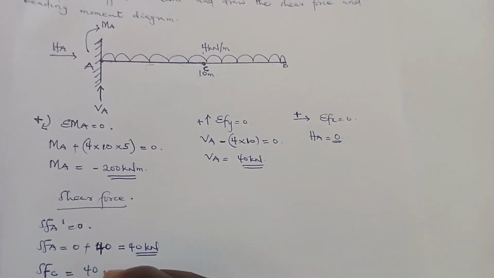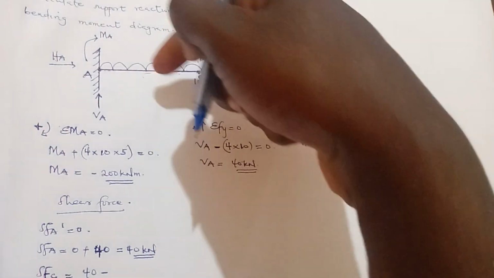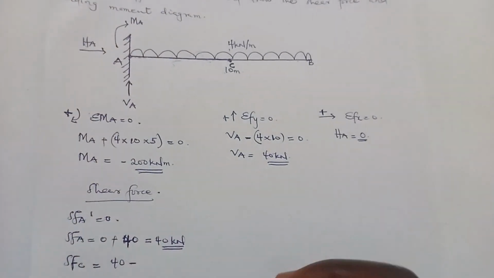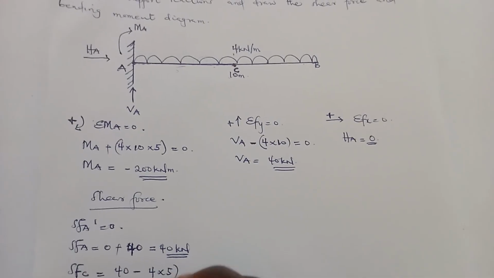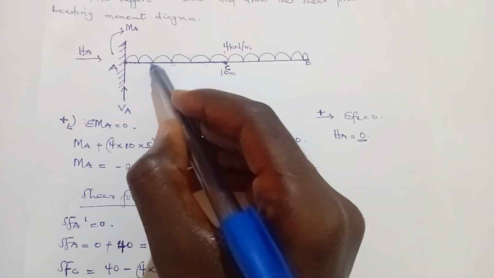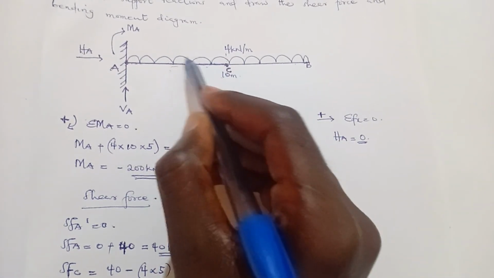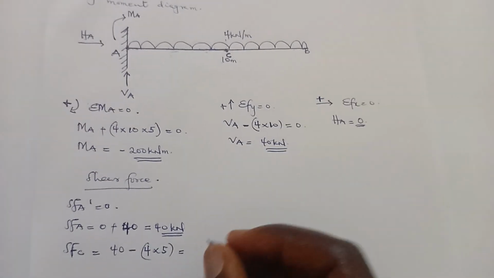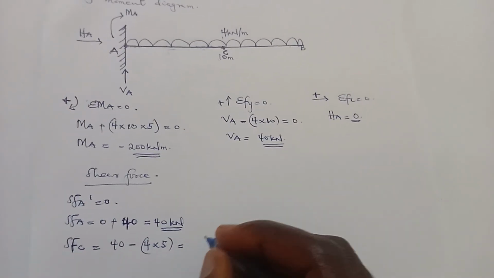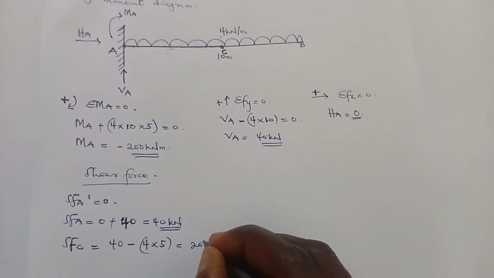So it's going to be minus because the UDL is acting down. So minus 4 times 5. So this will give us the force of this UDL. So when we subtract this, you are going to get 20 kilonewton.